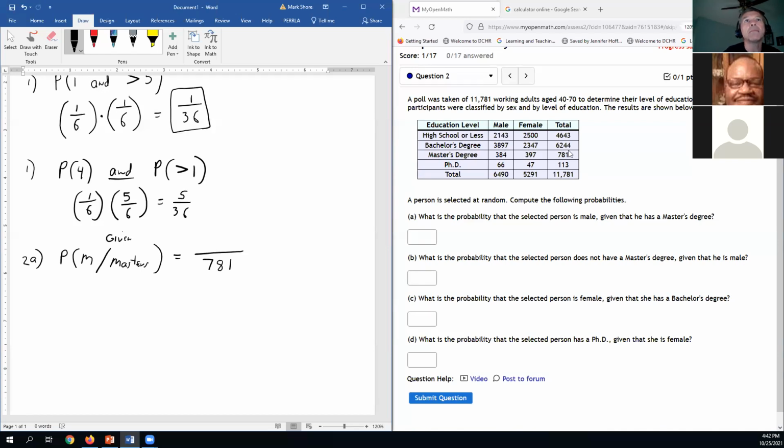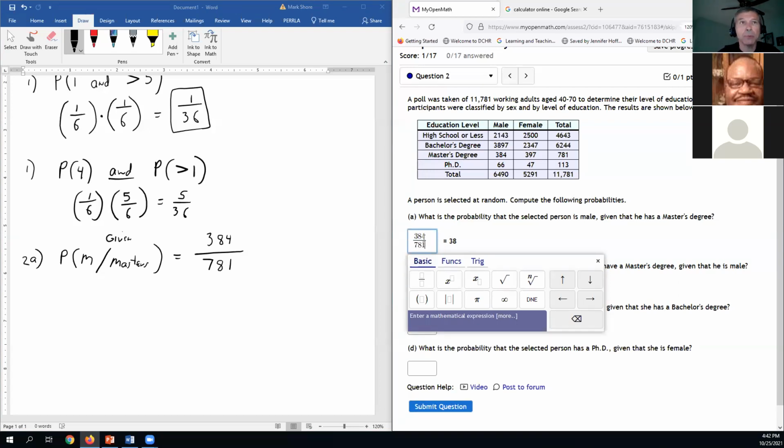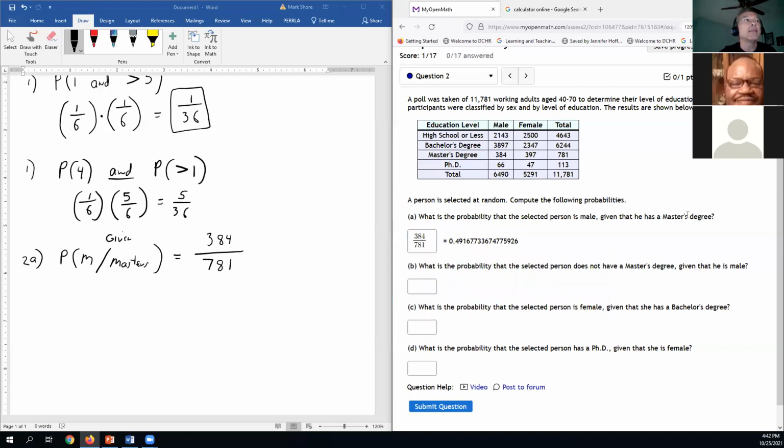Well, if you back that up on that line going across, you can see 384 of them are male. And really that's it to that part. And you'll see more of those. That's one of those key words I had at the top, given or out of, same type of thing. 384 out of 781. And we'll do all these parts before we submit it.